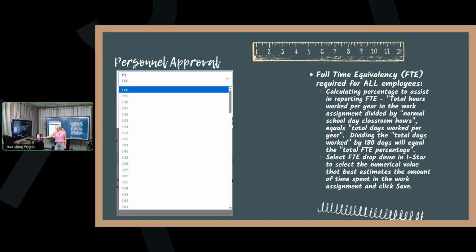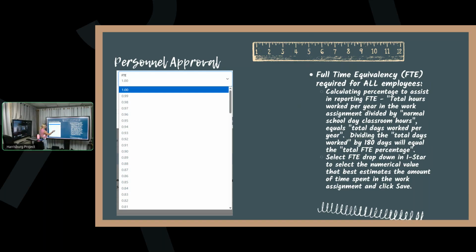And yes, most of the time your FTEs will be a 1.0. I think that typically your teachers usually stick around. They're usually a 1.0, but maybe your paras, those may be the ones that aren't there all the time. During the year, things happen, but for the most part, a lot of these people should be a 1.0.